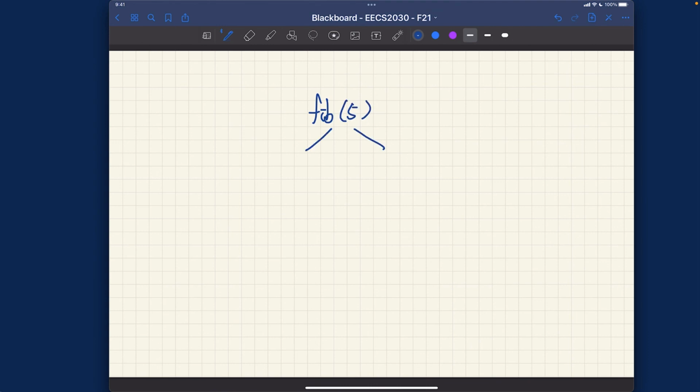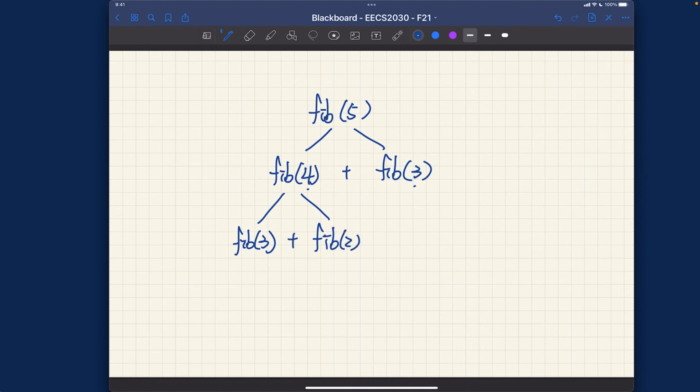By definition, it's going to be Fibonacci of 4 plus Fibonacci of 3, right? Minus 1, minus 2. And for this one here, it's going to be Fibonacci of 3 plus Fibonacci of 2. And this one here also is not base case. Fibonacci of 2 plus Fibonacci of 1, right?